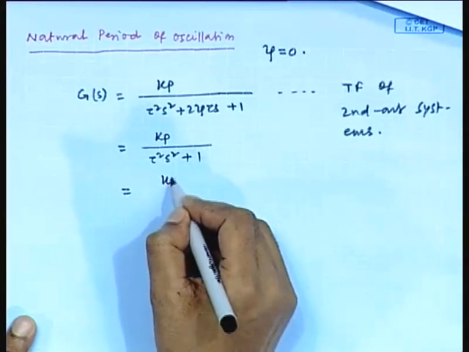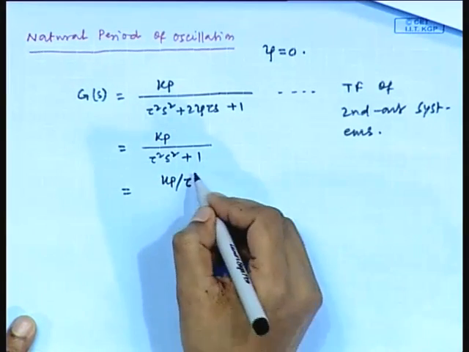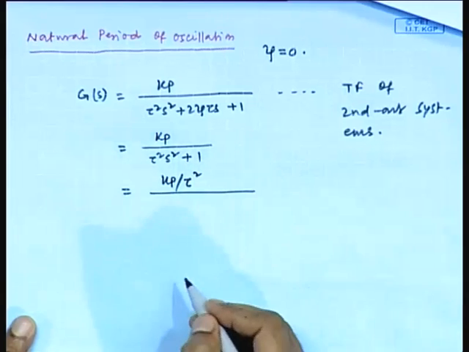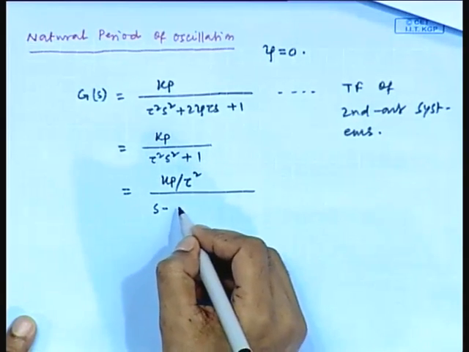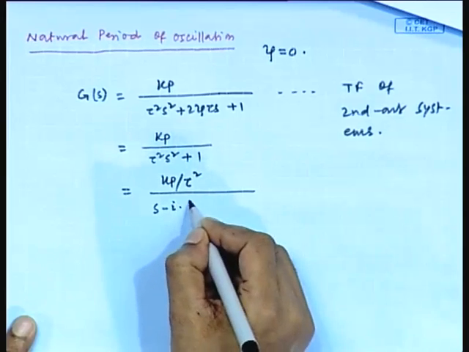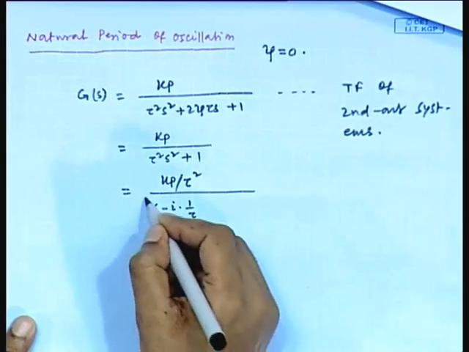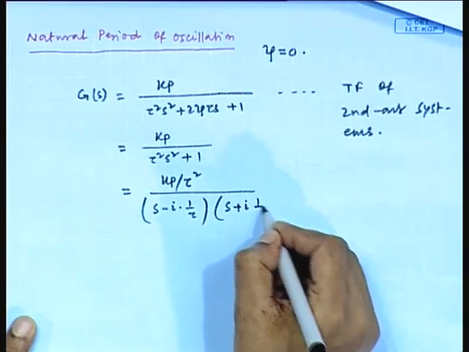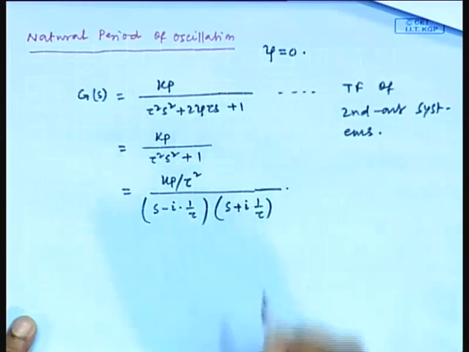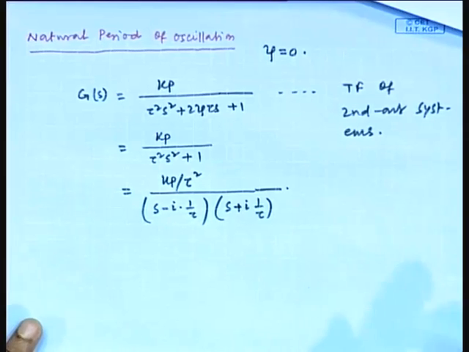We can write this as Kp divided by tau square, divided by s minus i by tau, times s plus i by tau. Fine. So, two poles are involved and they are complex conjugate poles.